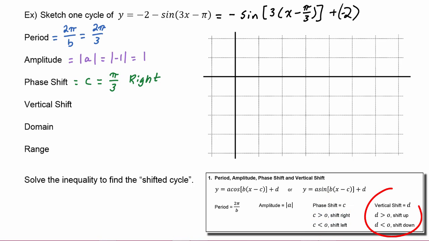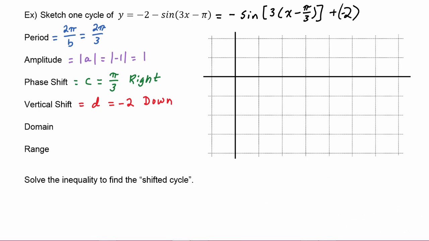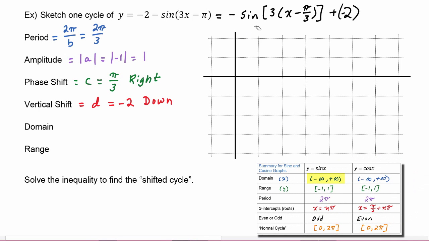The vertical shift is letter D. D is what comes after a plus sign, so D is -2, which means the graph will shift down. The domain of a sine function is all real numbers, so the domain will be -infinity to +infinity.